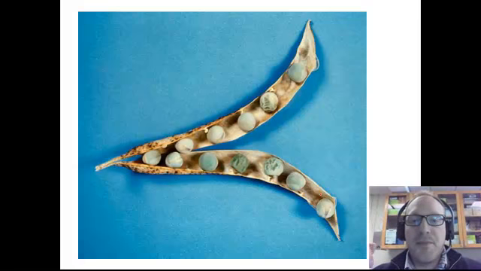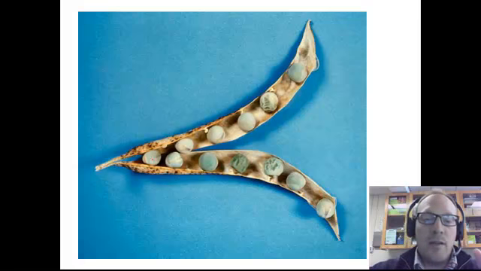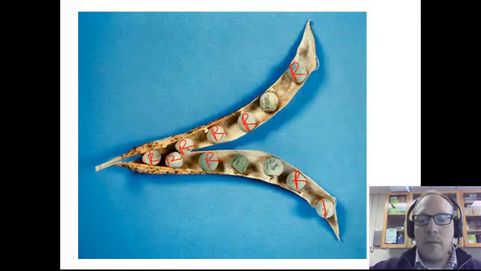Now, let's look at this. This is a pea pod, just for example, a picture that was taken of a pea pod. We've got round, and we have wrinkled.